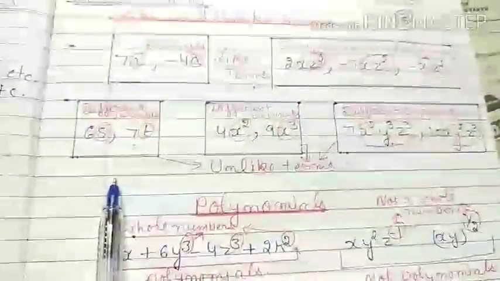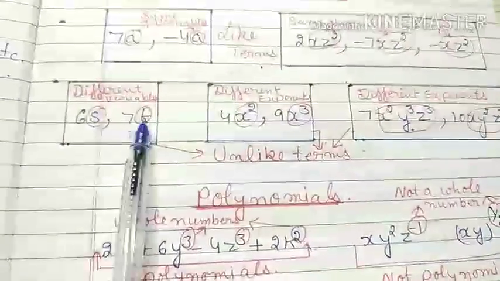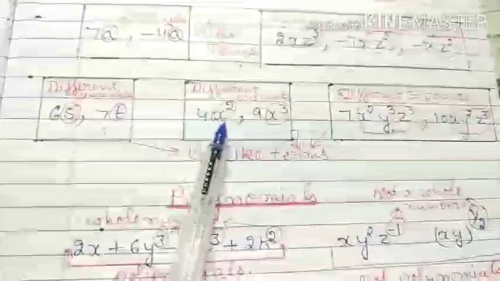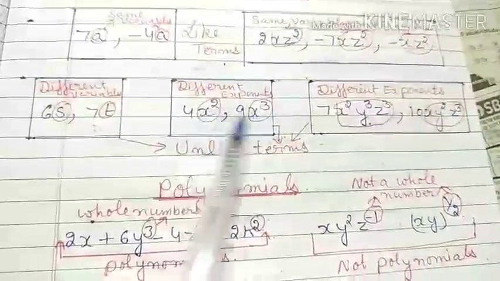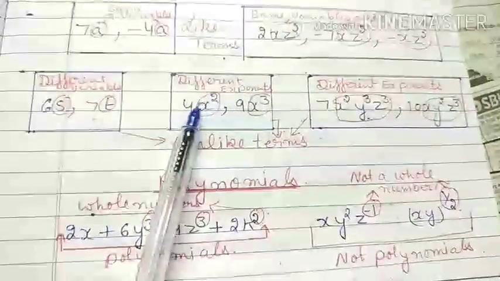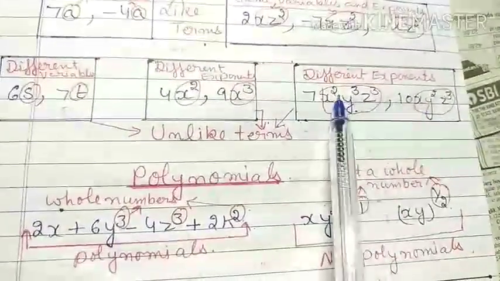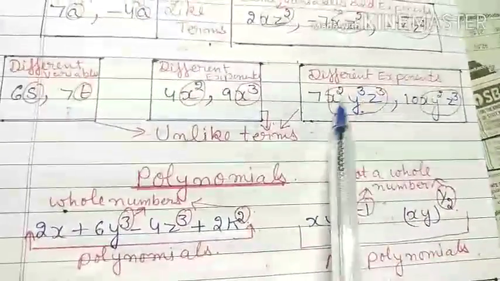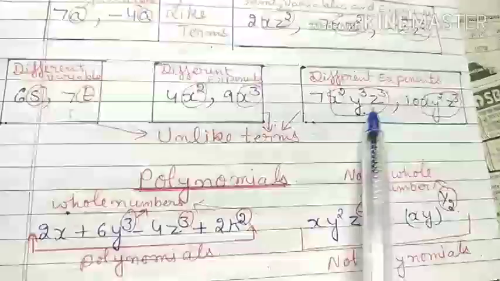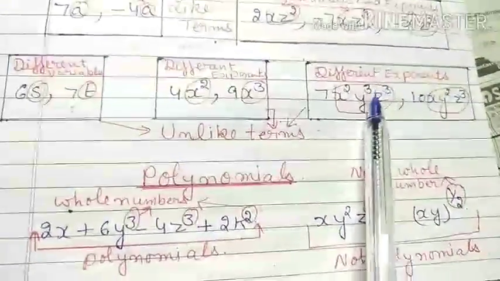Now what about different variables, or unlike terms? Like 6s and t. S and t are different variables. Here, though the variable is the same, the power is different. If the power is different, we consider it as different exponents. Here also x, y, z, though the variables are the same, in each and every case the power is different. Here we have x square, x raised to power 1, y cube, y square, z cube, z cube.